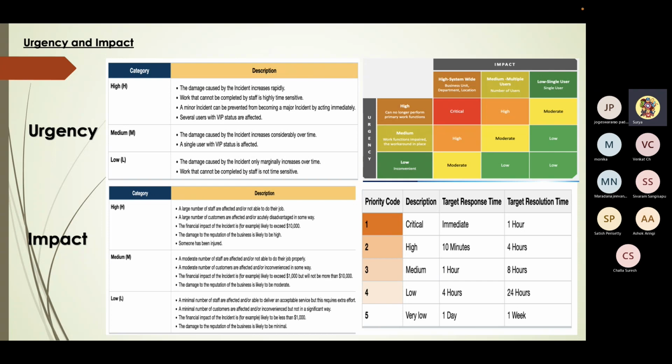Again, the flow of incidents also varies with the priority. For P1 and P2, you hardly get 1 or 2 incidents, or a maximum of 5 incidents a day. If it is low priority like P4 and P5, you will get more than 500. If it is a small project, you will get 500 tickets a day.